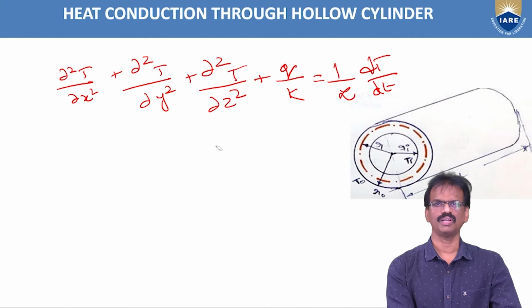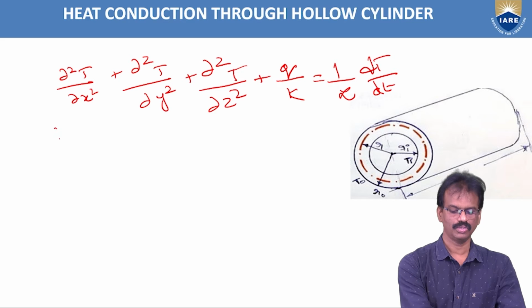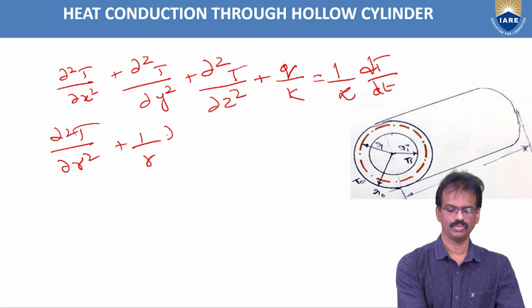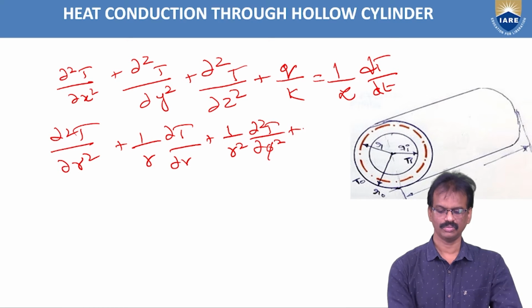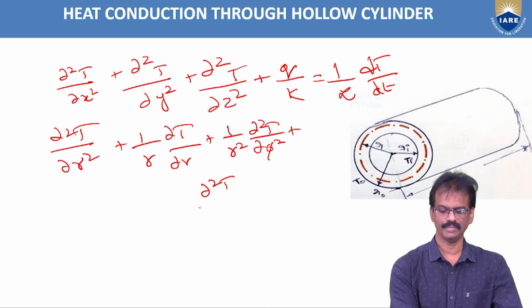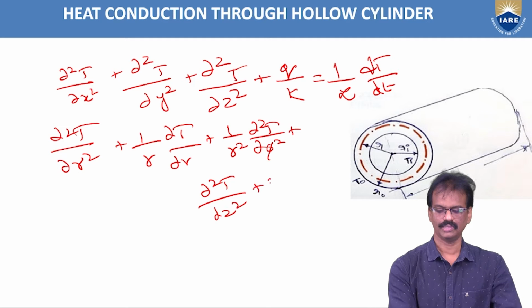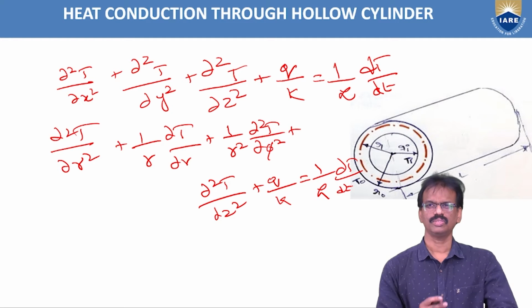From this formula we got: ∂²T/∂r² + (1/r)(∂T/∂r) + (1/r²)(∂²T/∂φ²) + ∂²T/∂z² + q/k = (1/α)(∂T/∂t). This one also we already derived in previous classes.